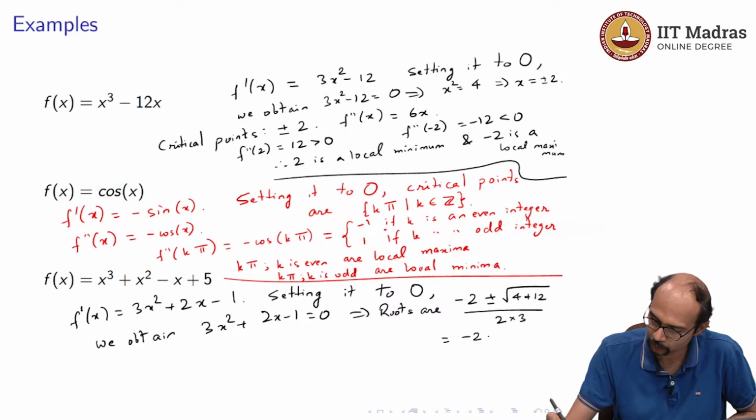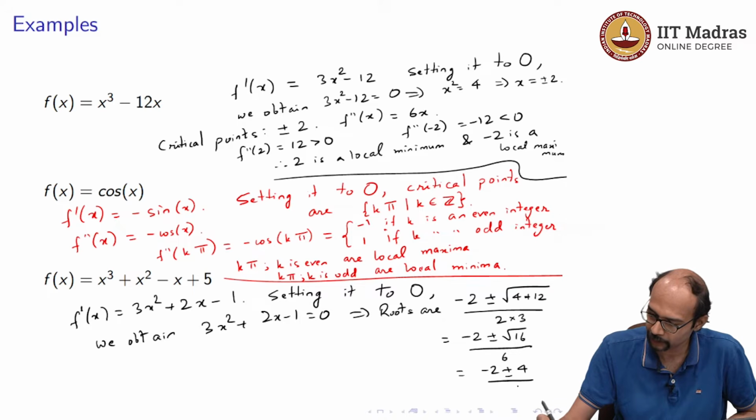So that is minus 2 plus minus root 16 divided by 6, that is minus 2 plus minus 4 divided by 6.